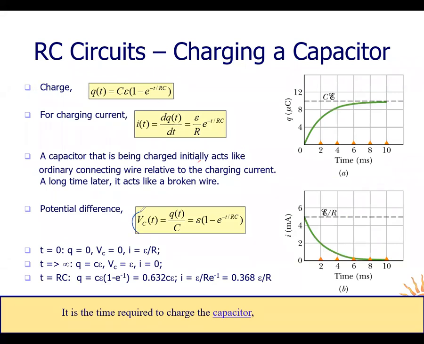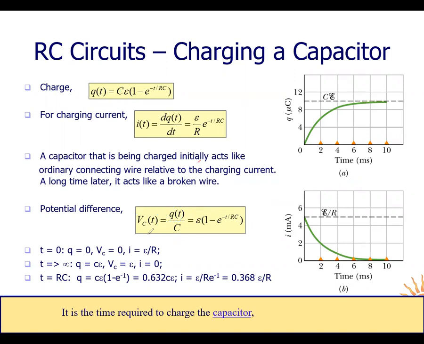So the voltage at the capacitor equals the voltage at the battery equals Q divided by C. We put the value of Q here, divided by C. We can eliminate C and C. We get finally E times 1 minus exponential minus T divided by RC.